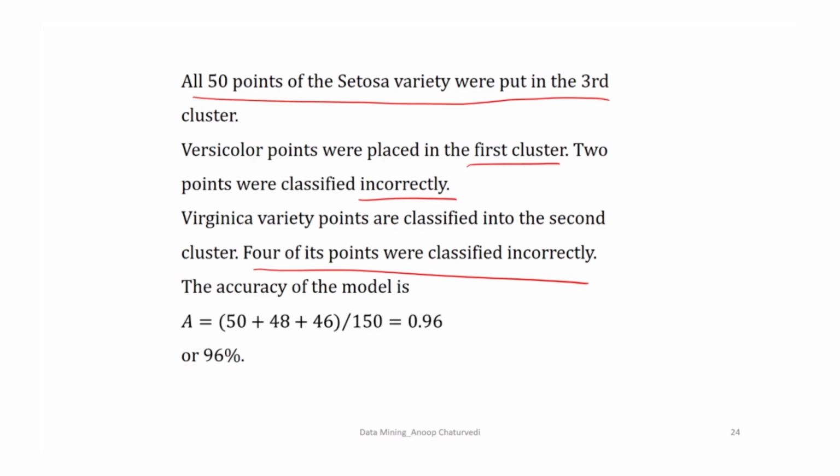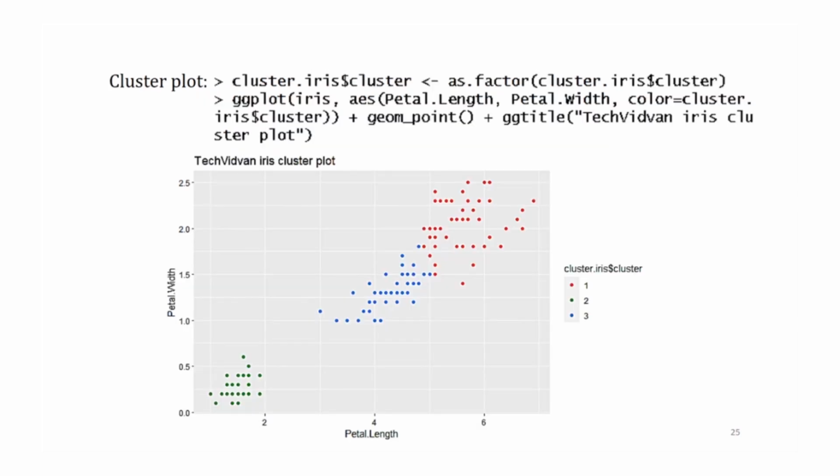So, the accuracy of the model is 50 plus 48 plus 46 by 150, which is 0.96 or 96%. So, you get 96% accuracy for the model. Then we have plotted the clusters.